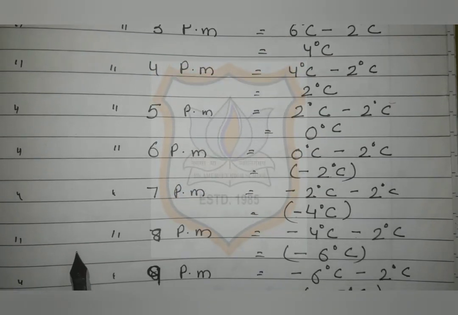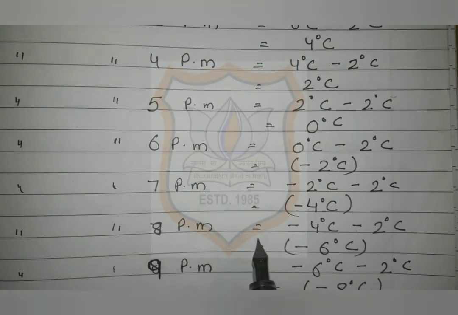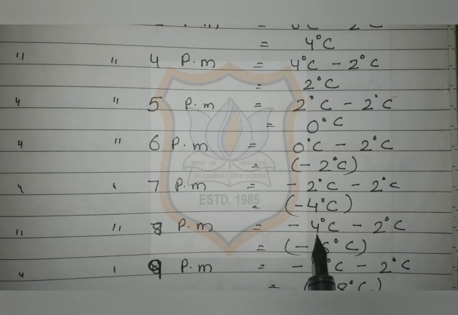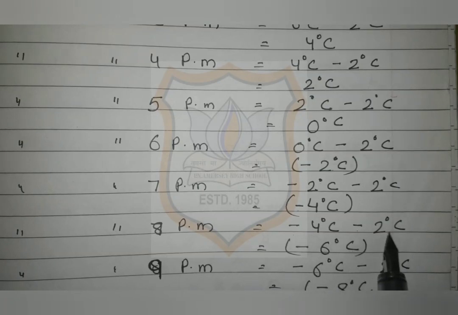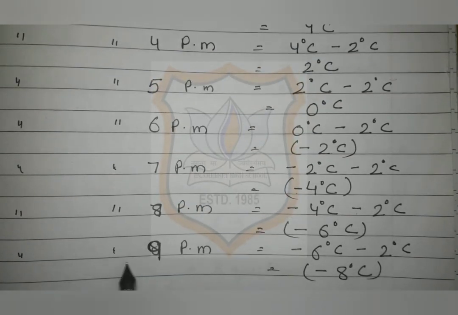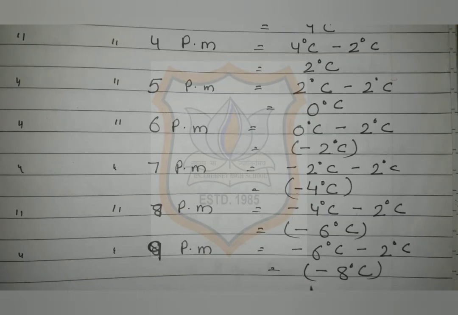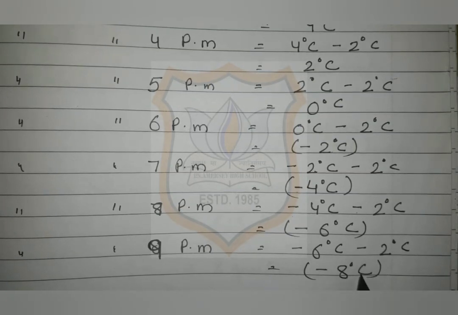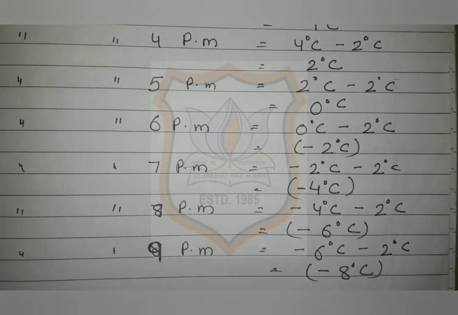Now we will calculate temperature at 8 p.m. Temperature will be minus 4 degrees Celsius minus 2 degrees Celsius, so 4 plus 2, answer is minus 6 degrees Celsius. Now the temperature at 9 p.m. is equal to minus 6 degrees Celsius minus 2 degrees Celsius, so 6 plus 2, answer is minus 8 degrees Celsius.